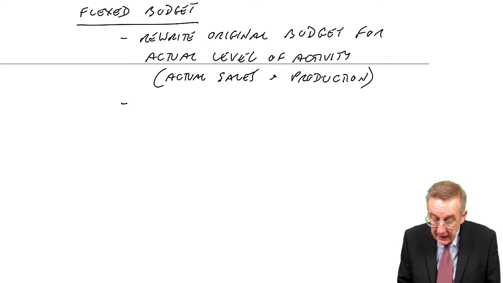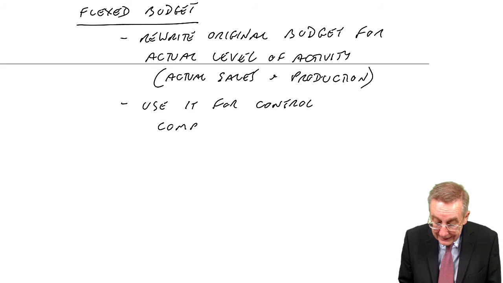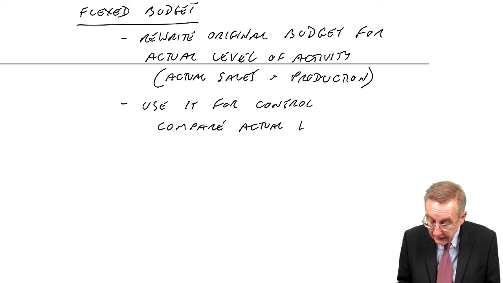The relevance is that we use it for control. We compare actual with the flexed budget.